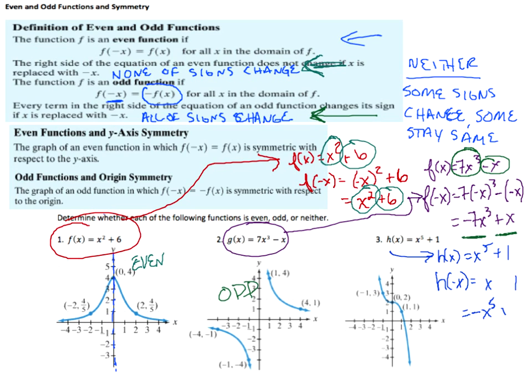So with this one, I had a positive x to the 5th and a negative x to the 5th. However, I had a positive 1 and a positive 1. So in this case, some signs changed and some didn't. This one is neither, neither even nor odd.